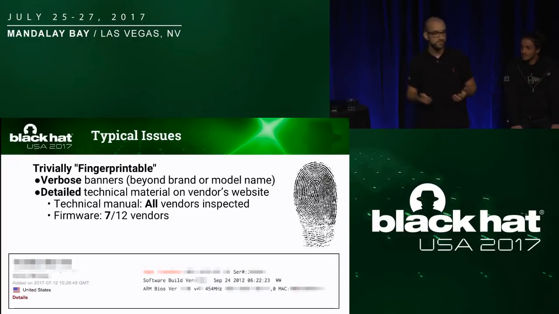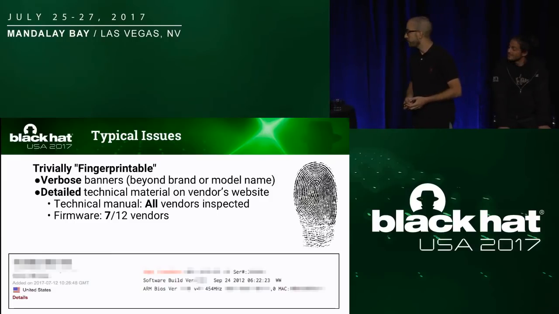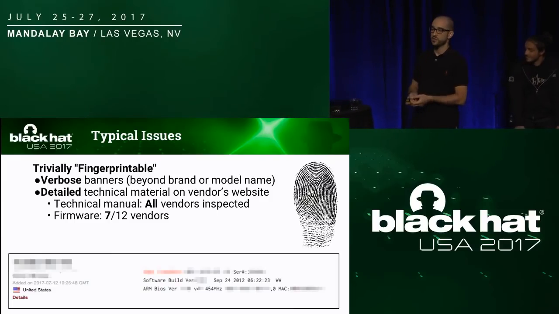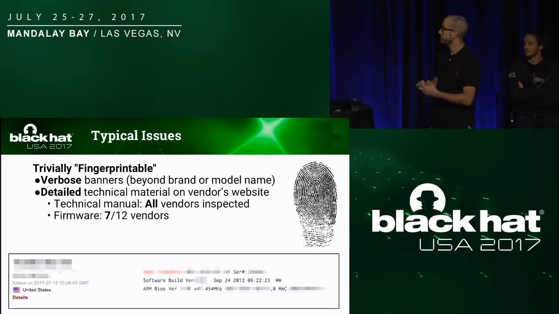Maybe I'm overlooking something, but I cannot find a use case for that. If you find one, please, I will be happy to know. So this is a general issue that we found in most of the devices that we analyzed. Most of them are very, very verbose from a network banner point of view.